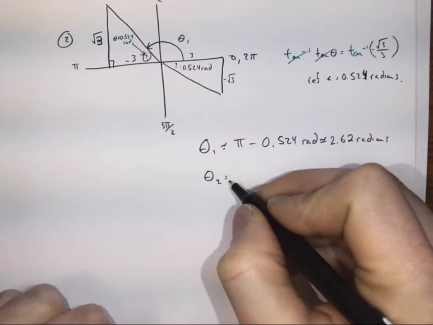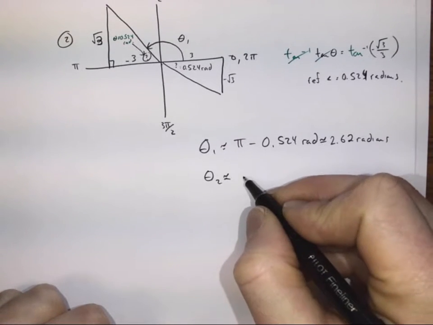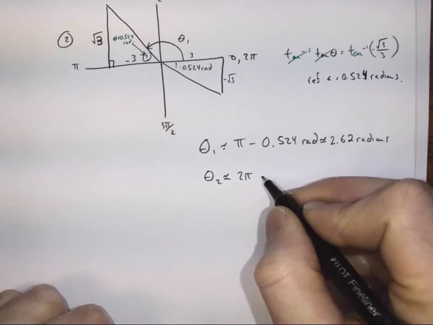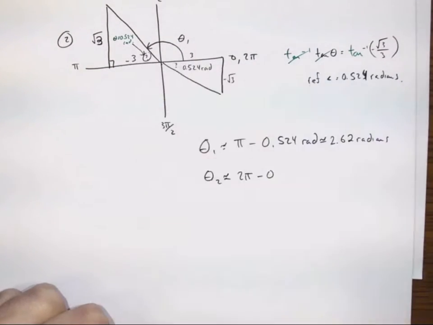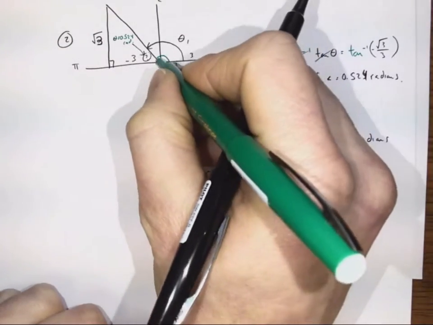And theta 2 is going to be approximately 2 pi minus that same value here, because that's going to be our theta 2.